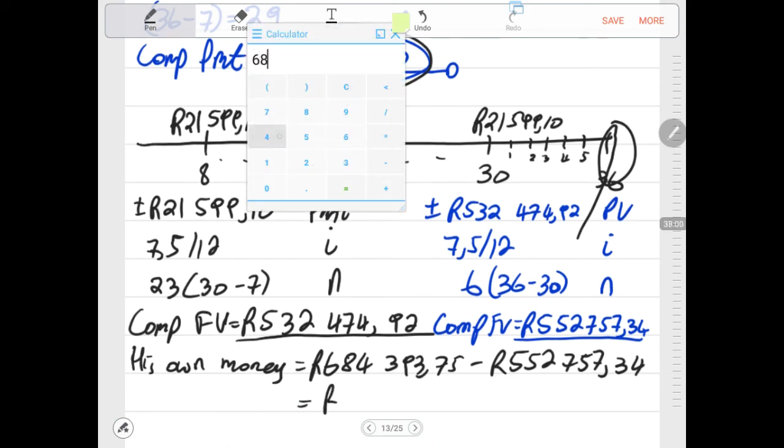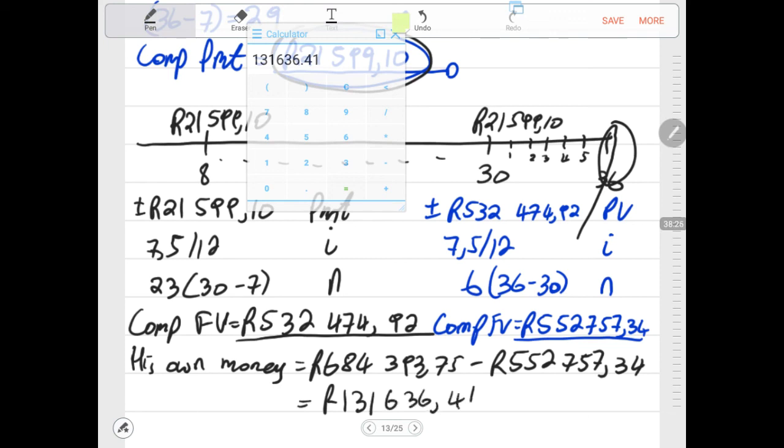It will be 684,393.75 minus 552,757.34 equals, that means Jack will need to have 131,636 rands 41 cents out of his pocket money if he decides to stop making the payments at the end of month 30 and leaves the money in the account earning interest up until month 36.